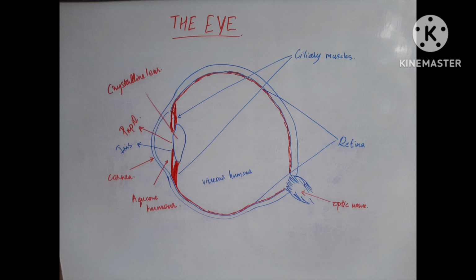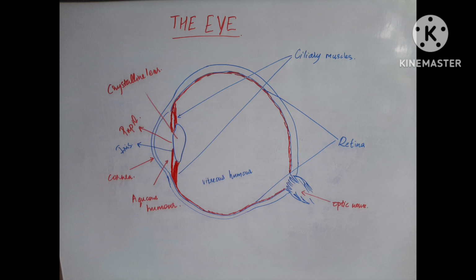And next, in order to adjust the lens, we have a mechanism with the ciliary muscles. For example, when the ciliary muscles are relaxed, the lens can focus light at a distance of 2.5 centimeters, that is the distance to the retina. When the object is at infinity, the light clearly focuses on the retina in this case.